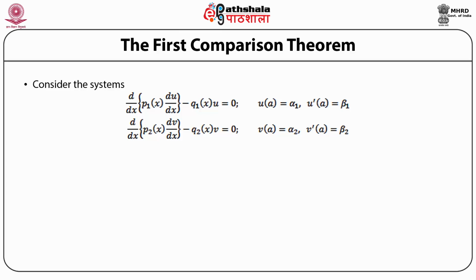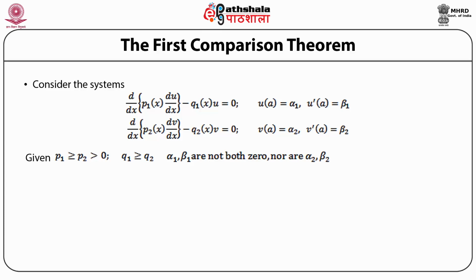Another equation is d/dx of (p2 of x into dv/dx) minus q2 of x into v is equal to 0. The initial conditions are v(a) is equal to alpha 2 and v prime(a) is equal to beta 2. We are given that p1 is greater than or equal to p2 is greater than 0. Also, q1 is greater than or equal to q2.